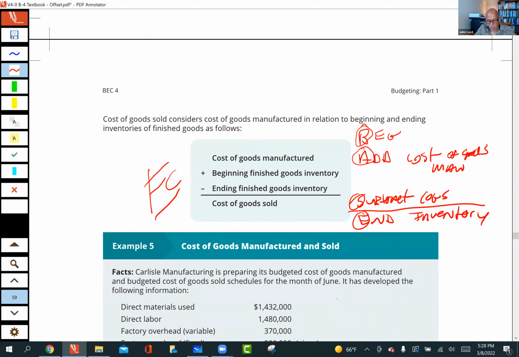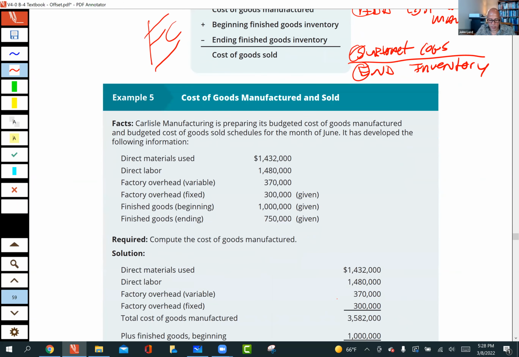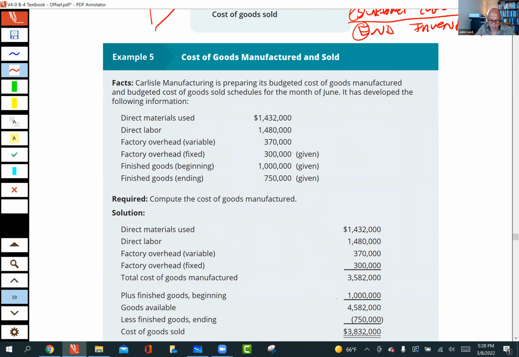Okay, good. Let's take a look now at this question. They are bringing in some additional information, but they are calling in the direct materials used, direct labor, and factory overhead variable, which we just calculated, and then they start adding information here.